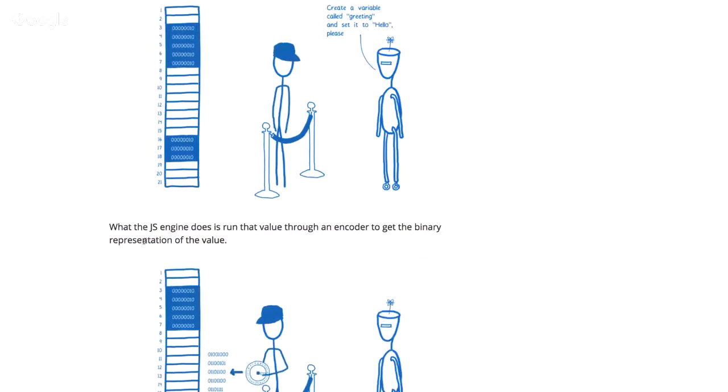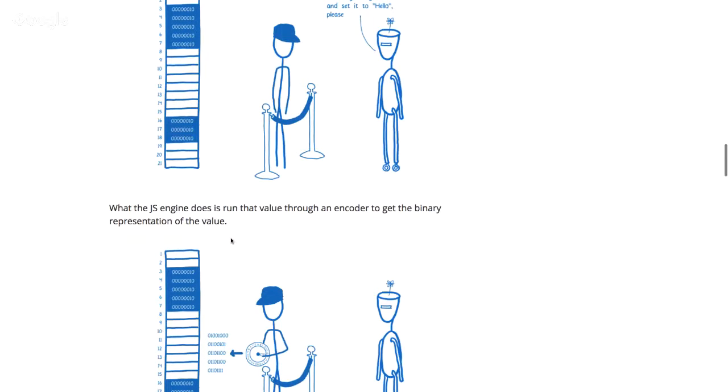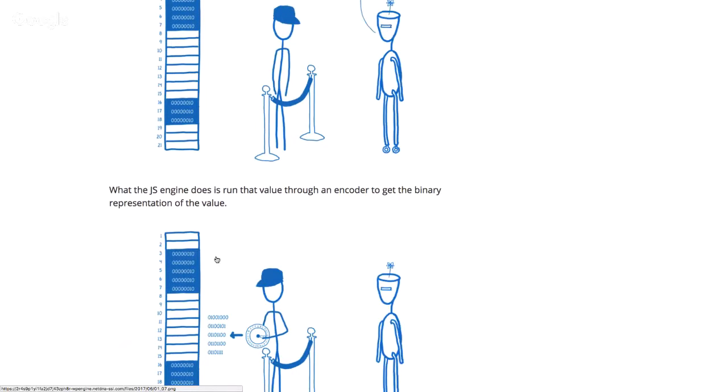So what the JS engine does is run that value through an encoder to get the binary representation of the value. So it takes hello, H-E-L-L-O.